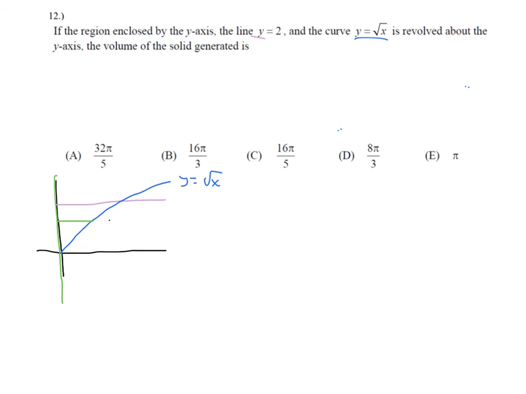So we have a horizontal line, and we know that this x value is equal to 0. We know that this x value is equal to y squared, because if we were to square both sides, x is equal to y squared. So that makes this distance y squared.